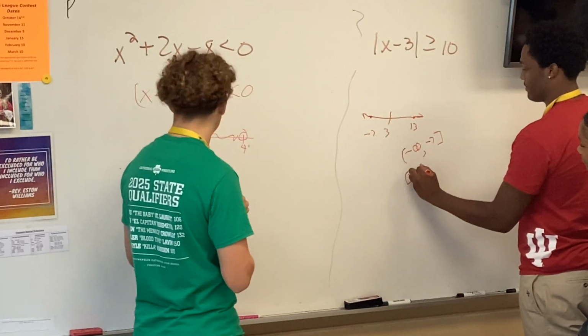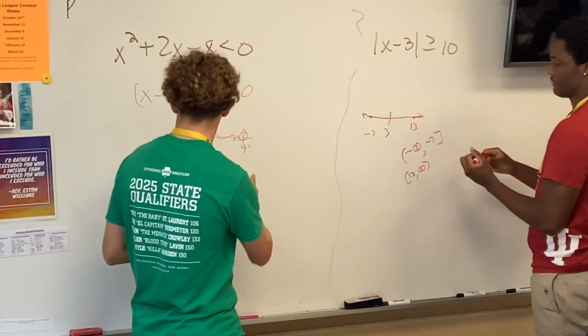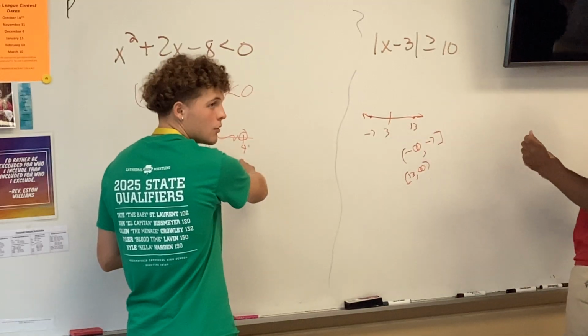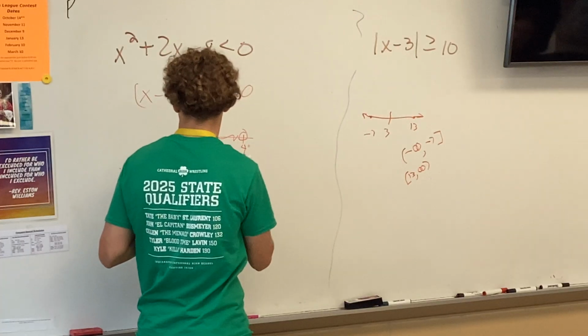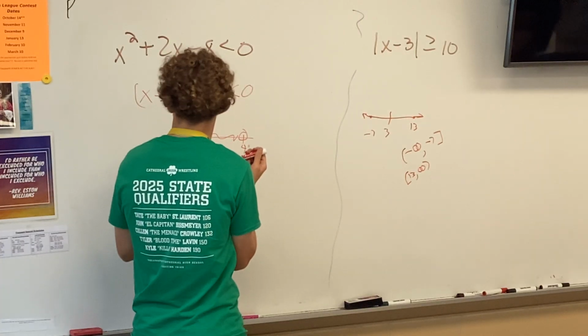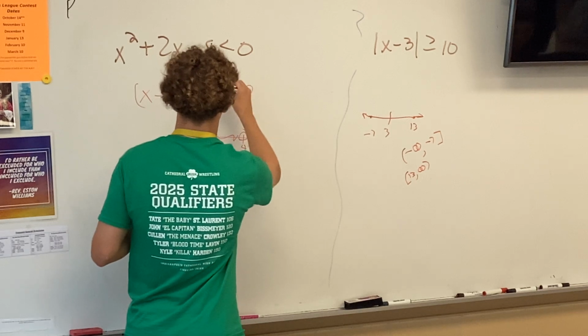That's good. It's supposed to be a positive 4. Your factors are x plus 4, x minus 2. Parentheses, x plus 4, x minus 2.